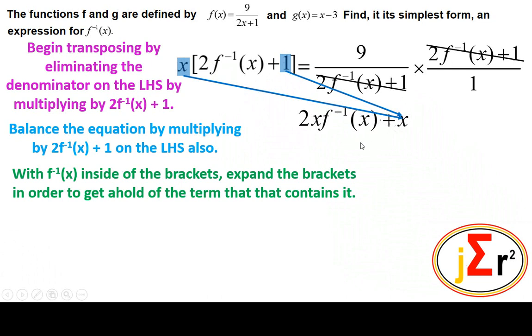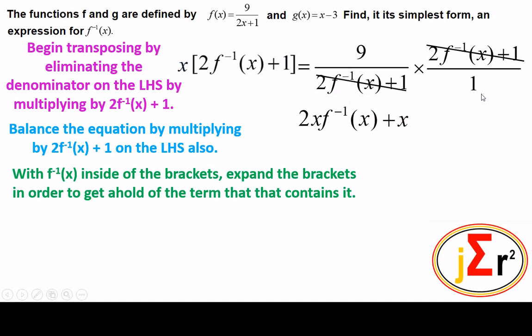So on the left-hand side, we have 2x f inverse x plus x, and on the right-hand side, everything will be eliminated except the 9 that we have there. Now we have 1 here, but 9 divided by 1 will be 9 nonetheless, so it's just 9 on that right-hand side.